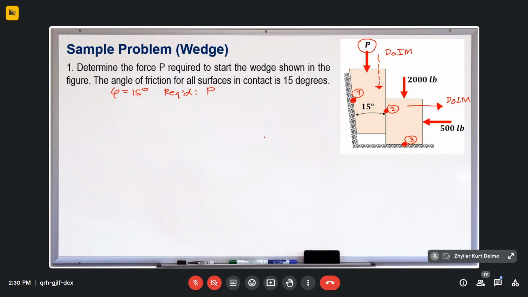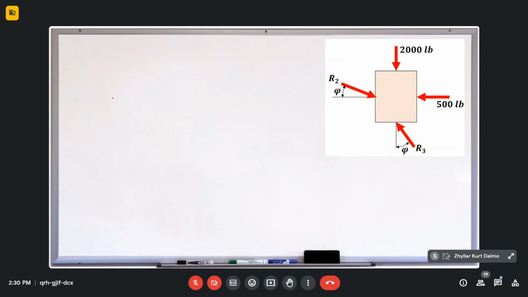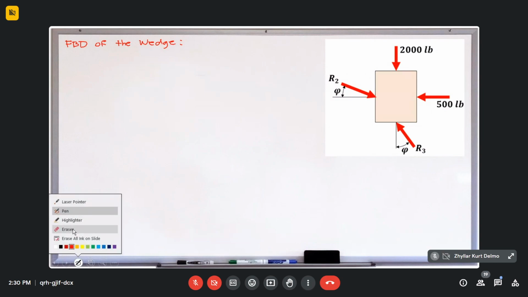So once na-indicate na nimo, you're now ready to construct the FBD for this wedge. Okay. So this is now the corresponding FBD of the wedge. Okay, so ato ni tagsa-tagsaon. The reason why I started with the construction of the rectangular block is because kung sa wedge ta, class, daghay mga unknowns, no? Ang given na nato kay naa sa rectangular block.